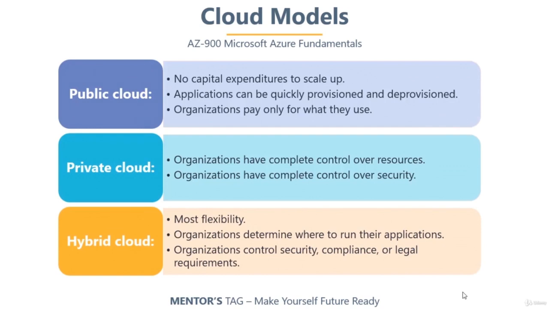When we talk about cloud, there are three different cloud models which are available: public cloud, private cloud, and hybrid cloud. Now, if you talk about Microsoft Azure, Google Cloud, which is GCP, and AWS, which is from Amazon, all three come under the public cloud. When you're using public cloud, you do not need any capital expenditure to scale up.